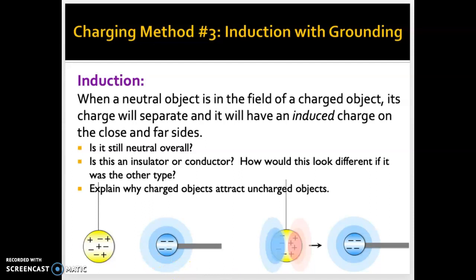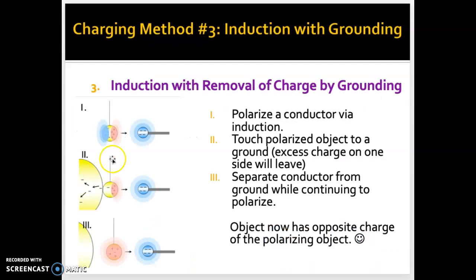So that's called induction. But you can see this is still neutral. It's just polarized. But while it's polarized, you ground one side, the side with the charge that would like to leave and get further away from this negative charge.